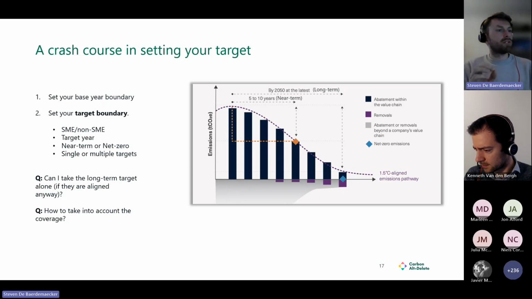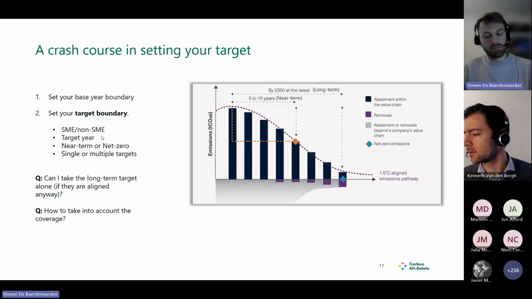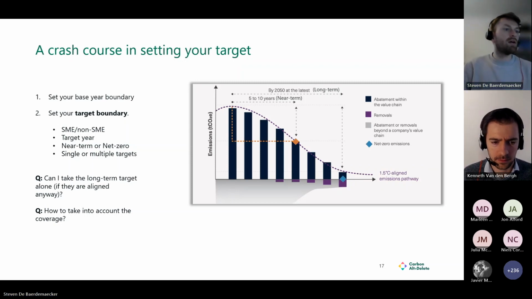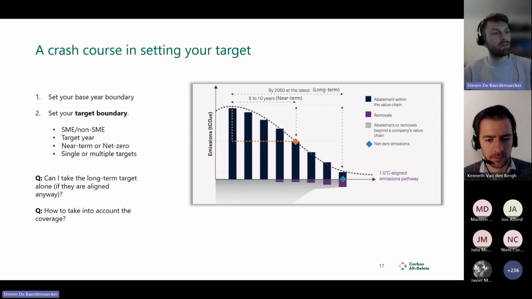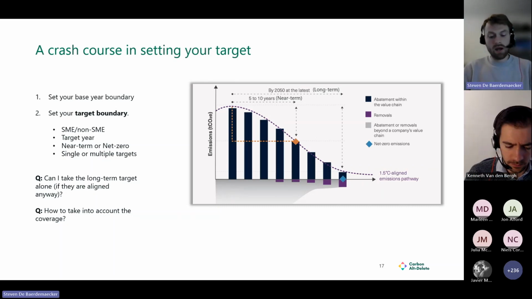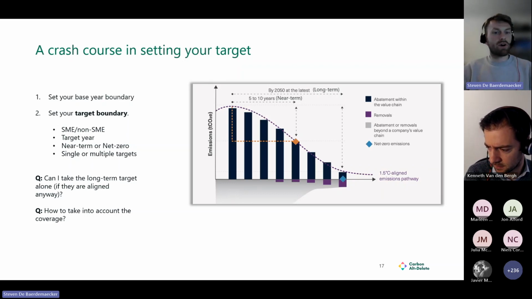Another important aspect, which I will explain a bit in the demo, is that the SBTi also made the effort to make a distinction between the targets for SMEs and the targets for non-SMEs, or just regular large companies. The SME approach is a very simplified way to set your targets and your target boundaries.